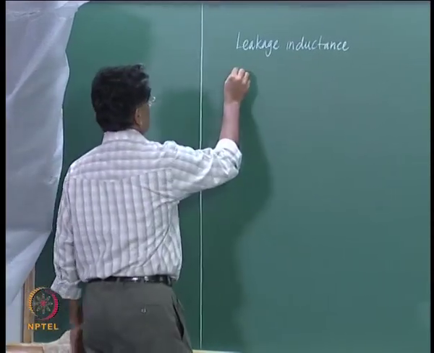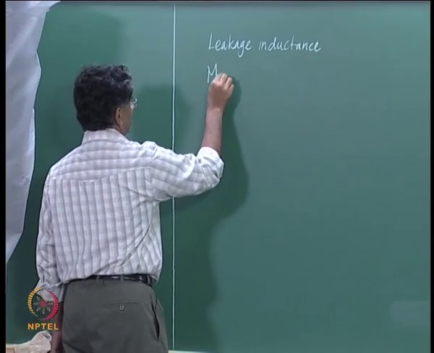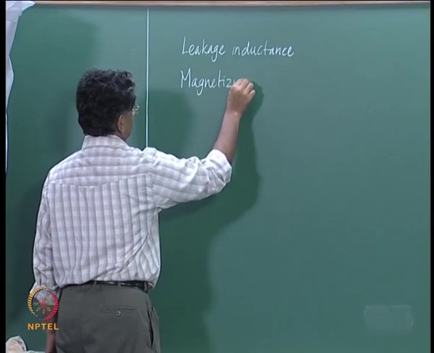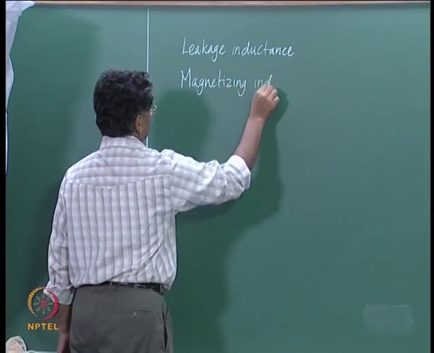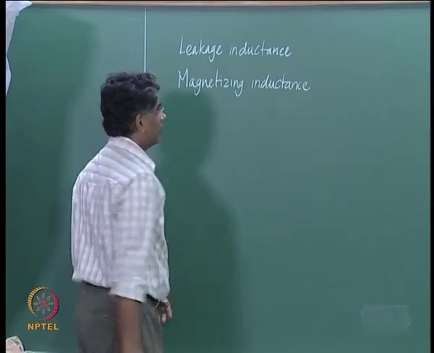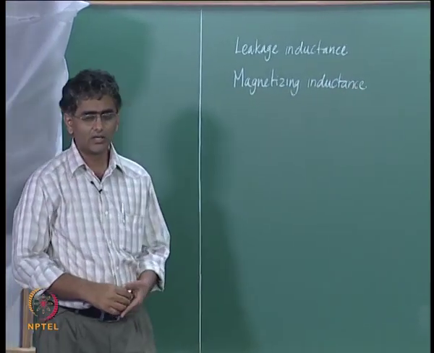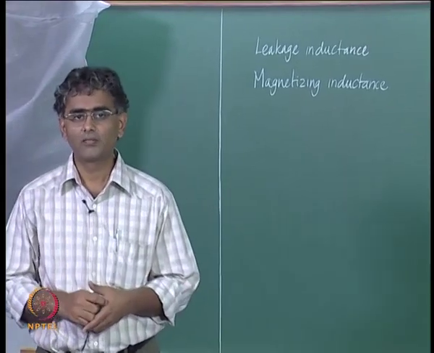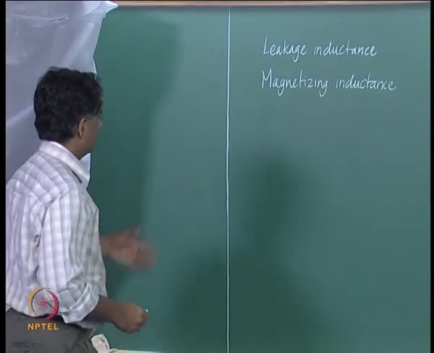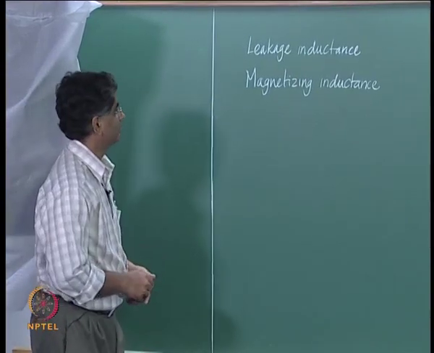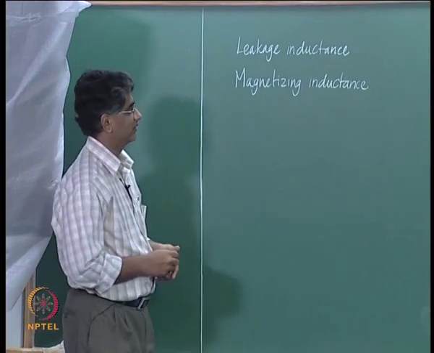And then we have magnetizing inductance. This indicates the flux that is linking everything else and majorly flowing through iron, which is brought into existence by your excitation. That represents the magnetizing inductance.